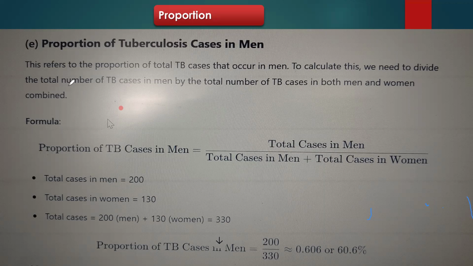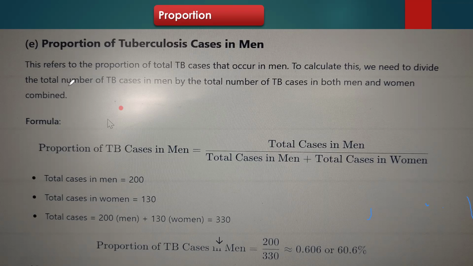Remember, we are having tuberculosis cases both in men and in women who are part of the general population. Now, our concern is we want to know among the total tuberculosis cases in that population of 10,000 people, where men is 5,000, women is 5,000.